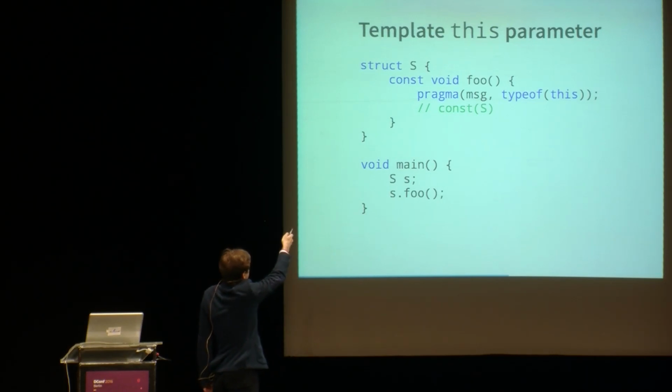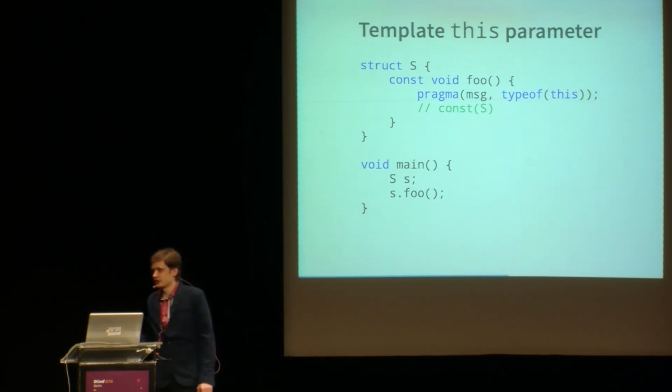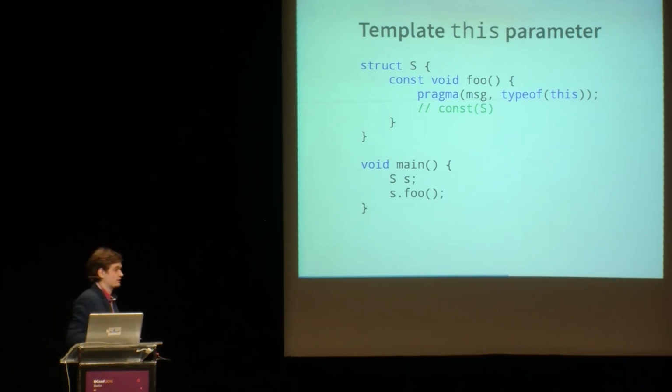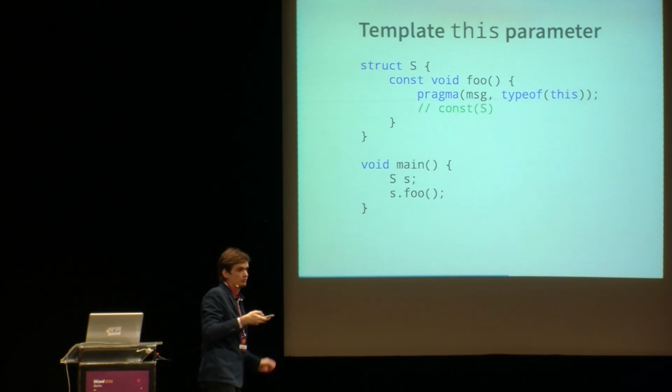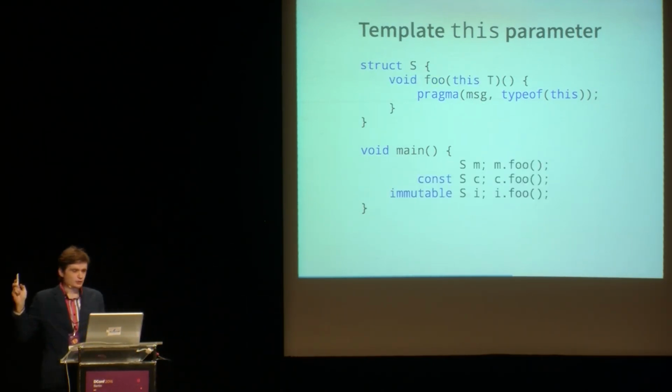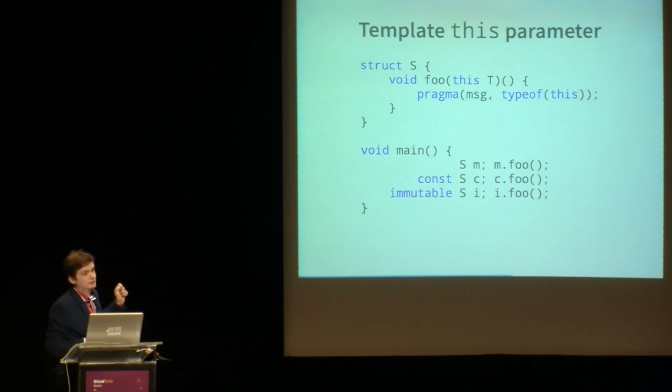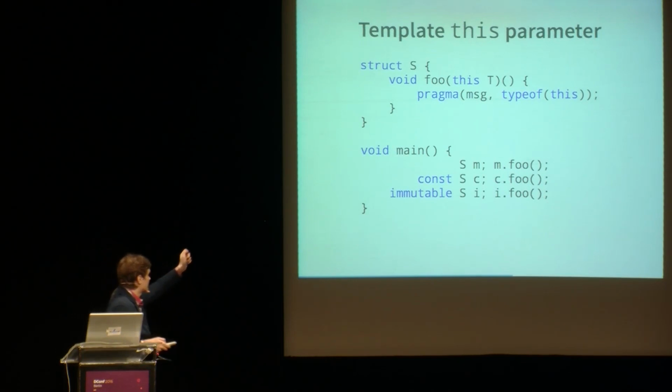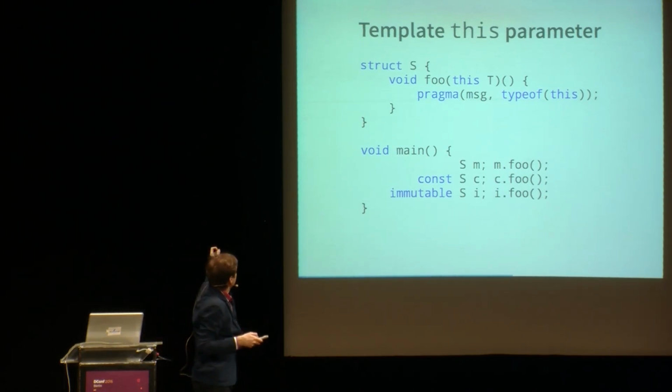This function has const there. If you don't put const, then your method will not be callable with constant objects, because it will be considered a mutable method only for mutable objects. There is a way around it, and it is to use this interesting syntax: type this and an identifier in the template parameters. So this will actually get you the type of the variable you're using.